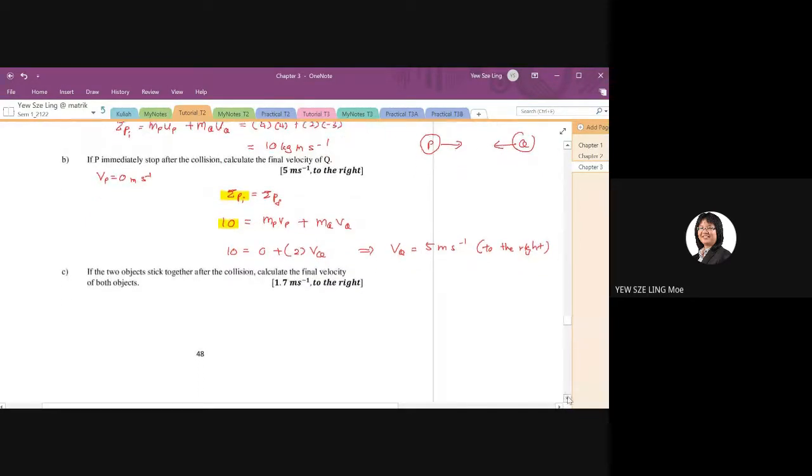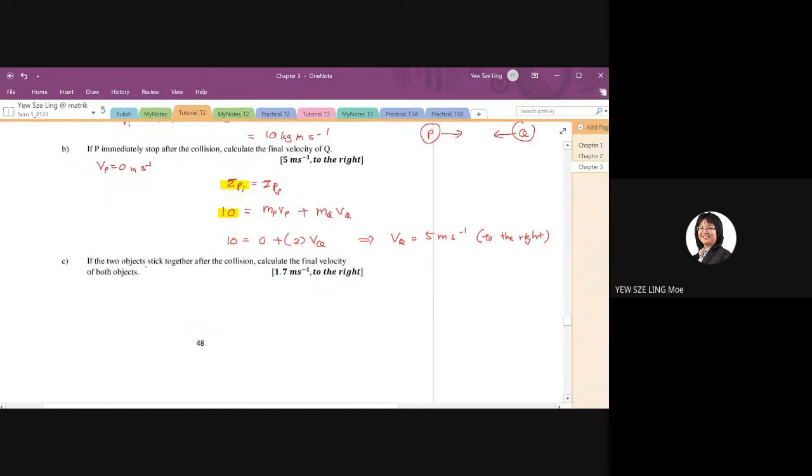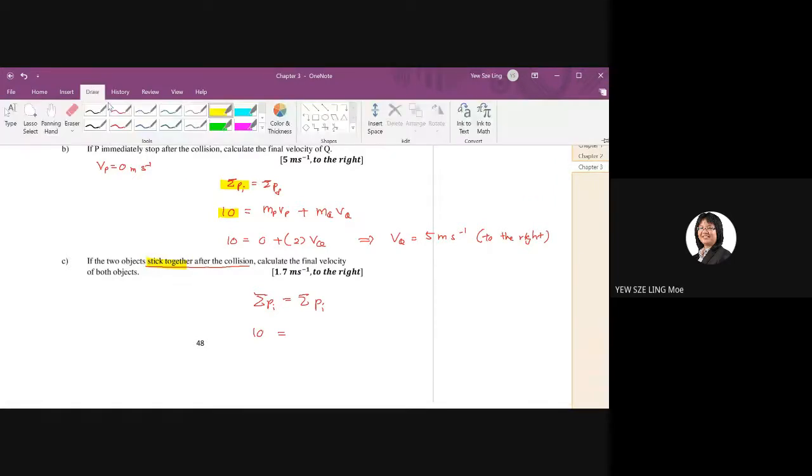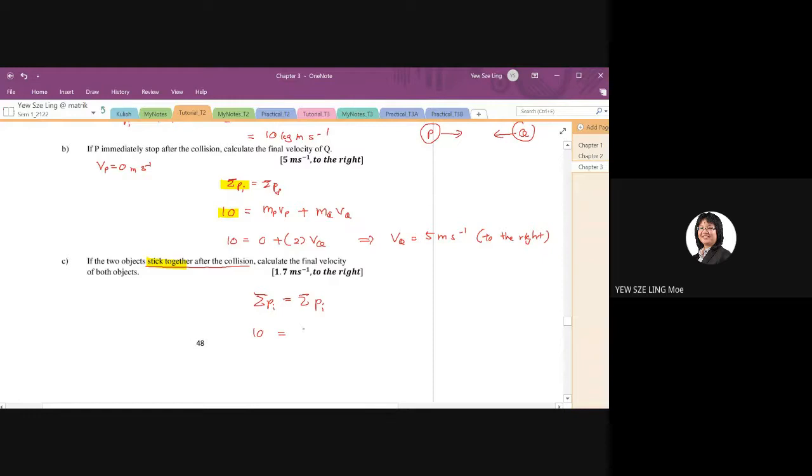Now question C. If the two objects stick together after collisions, then calculate the final velocity. Basically, you just repeat the same thing. Total initial P, total final P. Initial, I have 10. Final, since it says stick together, I'm going to put a bracket here, MP plus MQ.